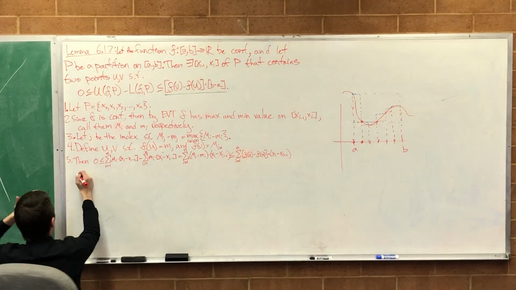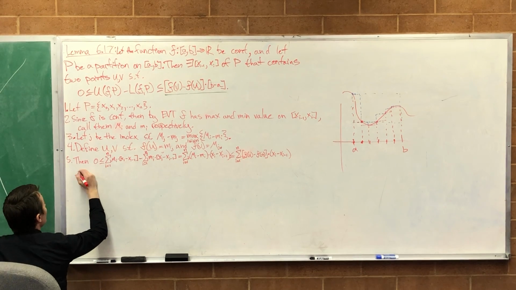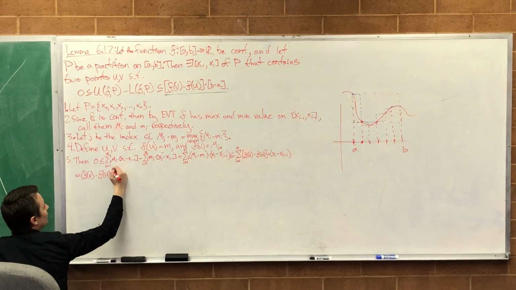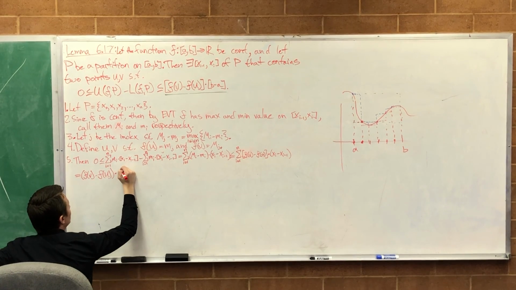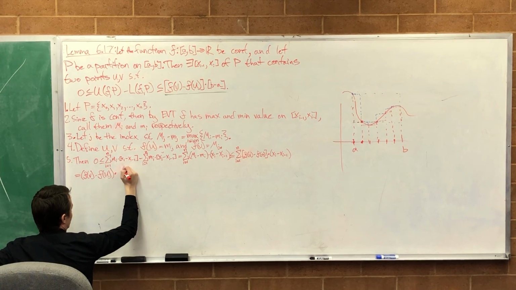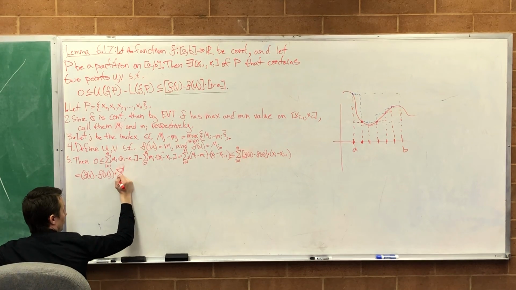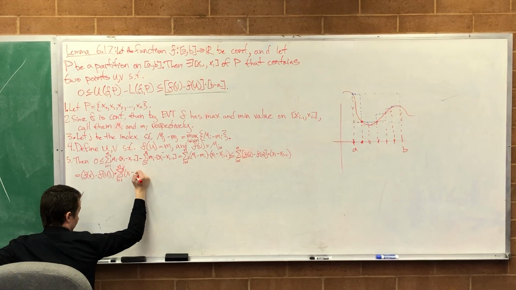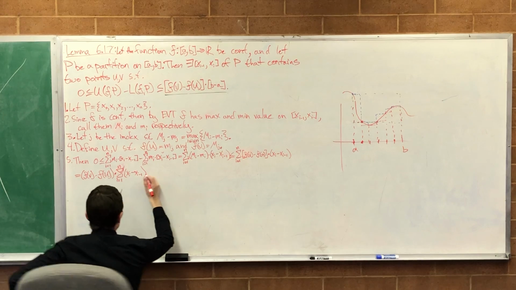So now, this is equal to f of v minus f of u, times the sum from i equals 1 to n of x of i minus x of i minus 1.